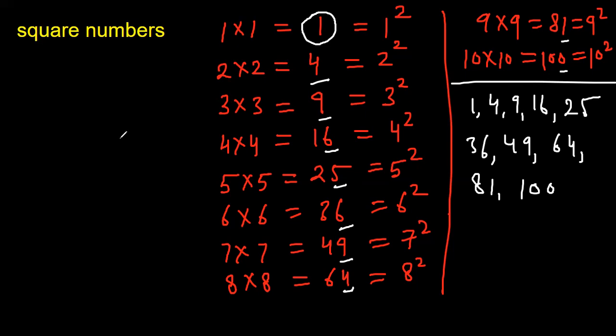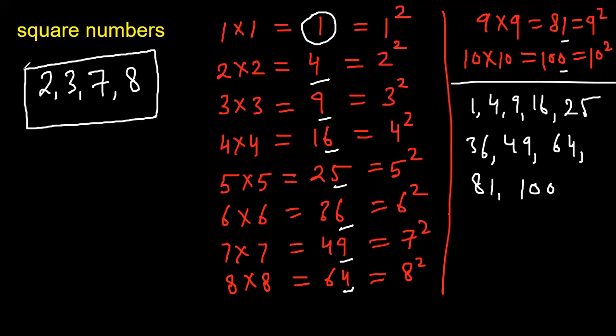That means for a number to be a perfect square, its units digit should be any one of these digits. But we cannot find any of these numbers ending in digits 2, 3, 7, and 8. None of the square numbers ends in these digits. Means the units digit of a square number can never be 2, 3, 7, or 8.